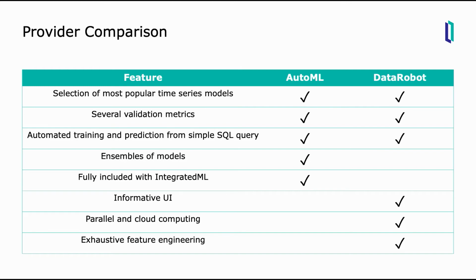Where AutoML differentiates itself is by using an ensemble of models, and importantly is included fully with IntegratedML at no extra cost. The DataRobot provider requires a license to be obtained through DataRobot, but does offer a very informative UI, parallel and cloud computing capabilities, and exhaustive feature engineering, which can be quite useful to get a good model.